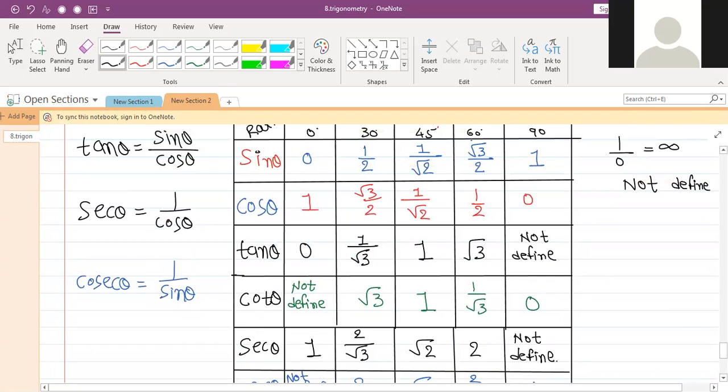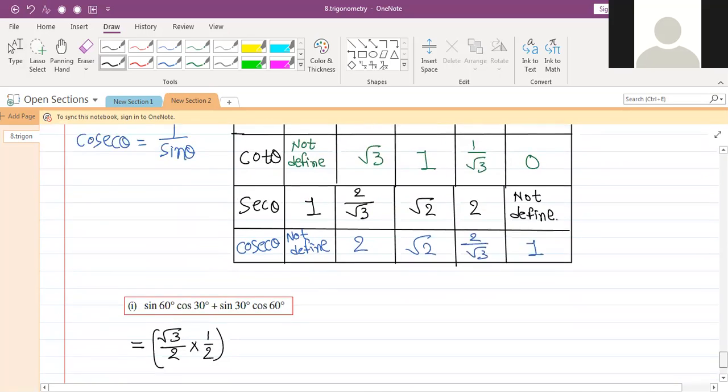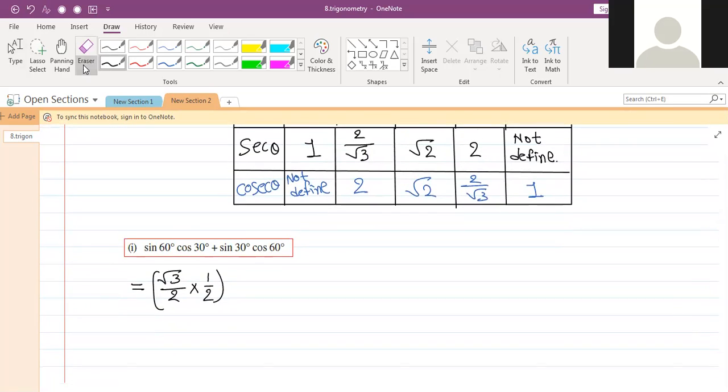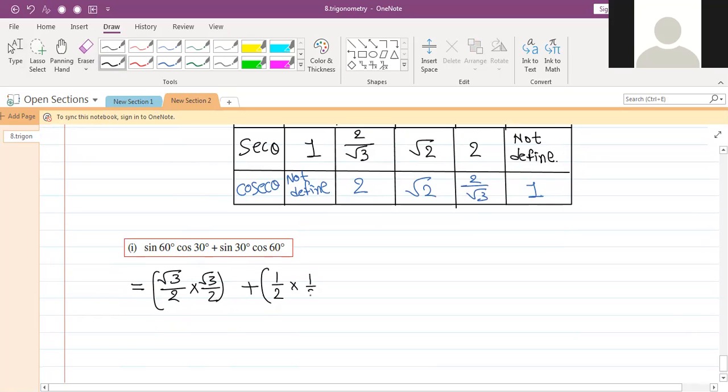Sine 60, we put the value root 3 by 2. Cos 30, sorry, cos 30 is given, that is also root 3 by 2. Plus sine 30 is 1 by 2, and cos 60 is also 1 by 2.